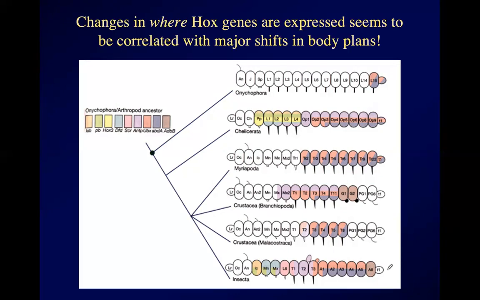You can see that they're expressed in different areas of the organism in developing Malacostraca, that's shrimp, Branchiopoda, that includes sea monkeys, Myriapoda, that's centipedes, and Chelicerata, that's spiders and scorpions and ticks and mites and things like that. Different groups of arthropods are different from each other, in part because they have shifted where they express Hox genes during development.